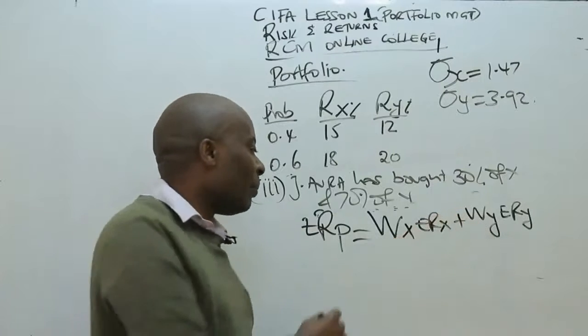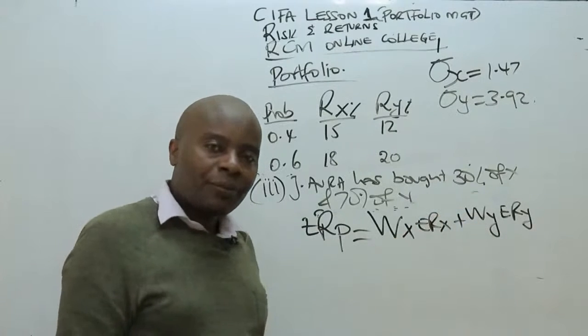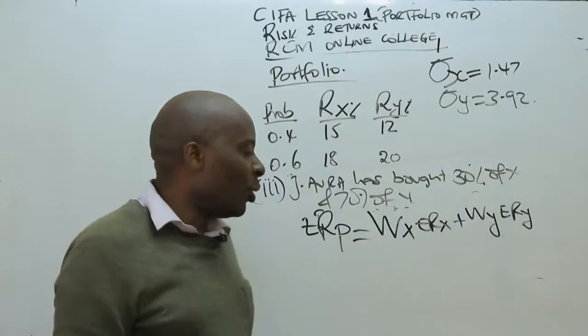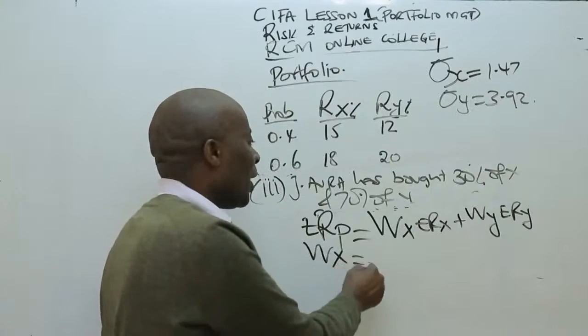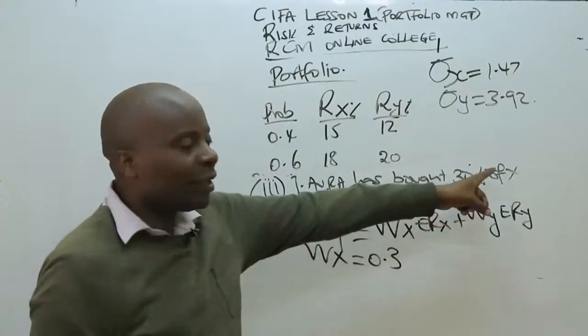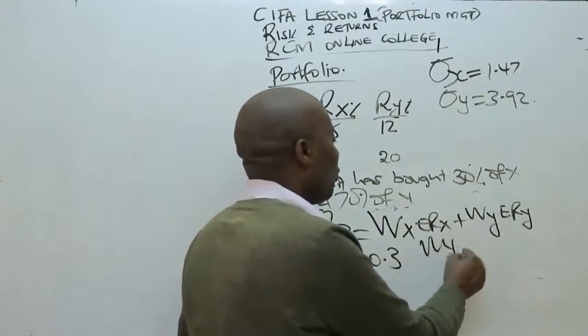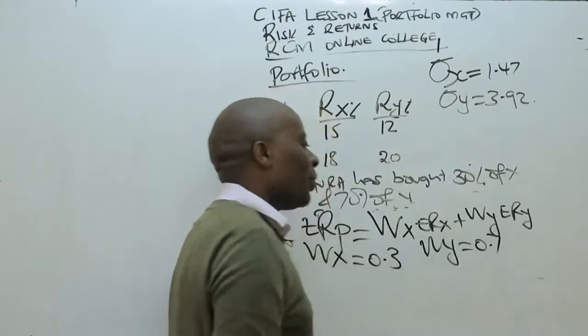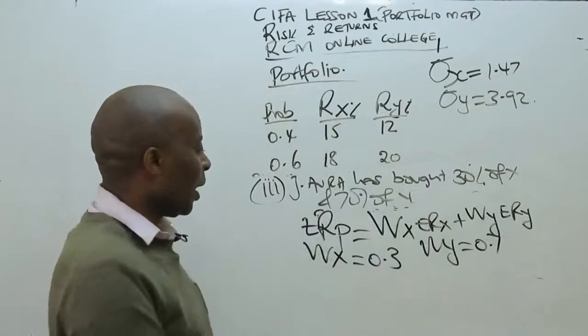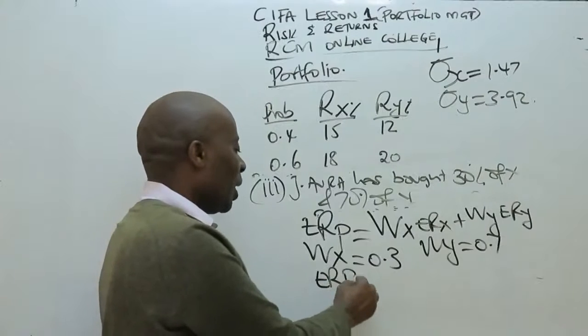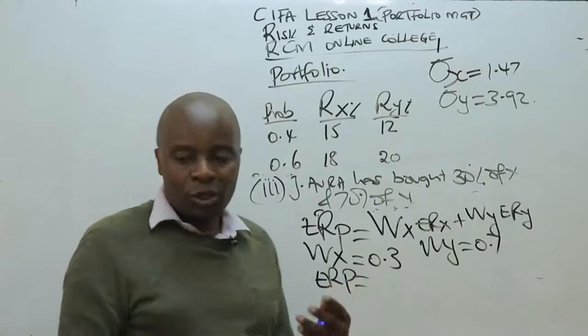So this W stands for the weights. W are the investment proportions. Weight of X will be 0.3 because I bought 30% of X, and weight of Y being 0.7. Ladies and gentlemen, if that is the case, you should be able to give me the expected return of the portfolio through proper substitution.